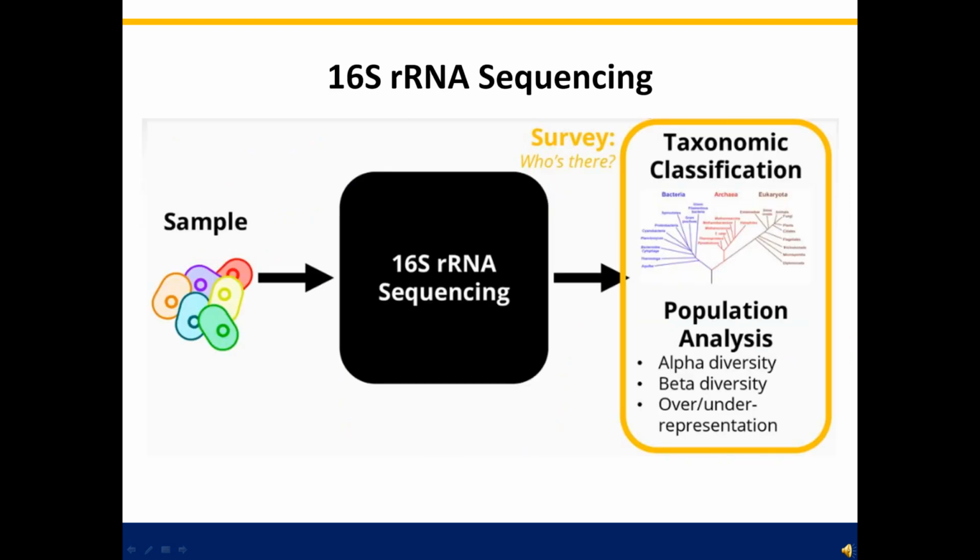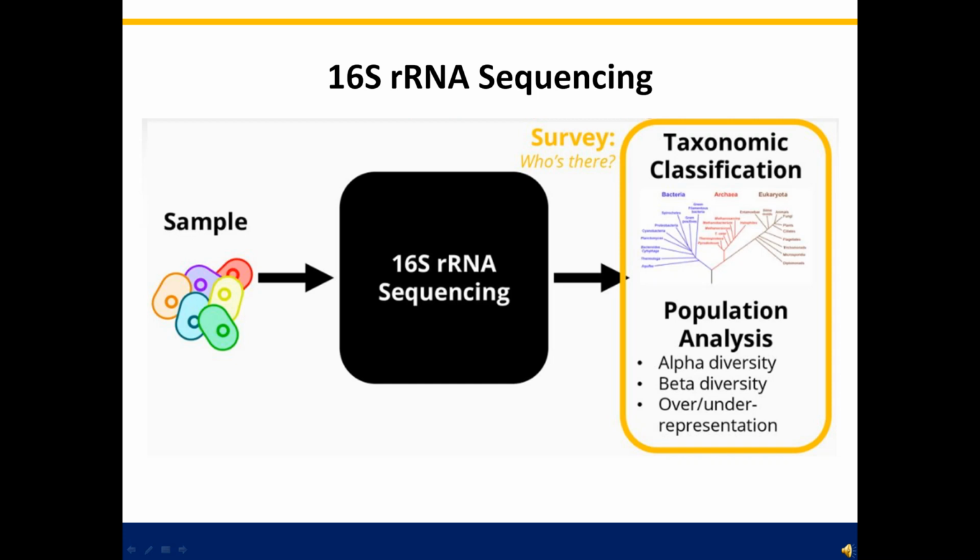In general, to perform microbiome studies or metagenomics, we are heavily dependent on 16S rRNA sequencing. Once we collect samples from different environmental sources, we perform 16S rRNA sequencing using various kinds of primers, which we discussed in the earlier slides.